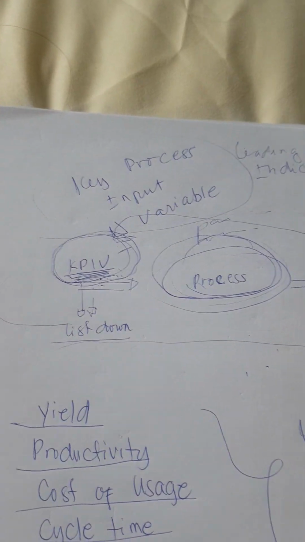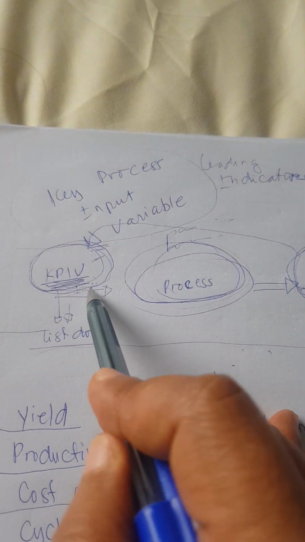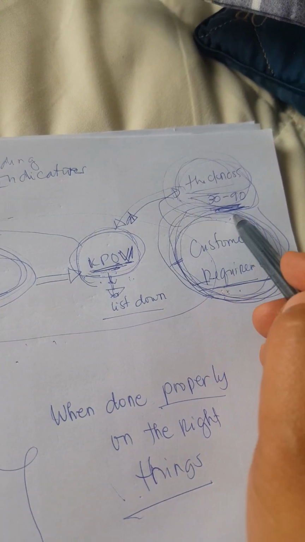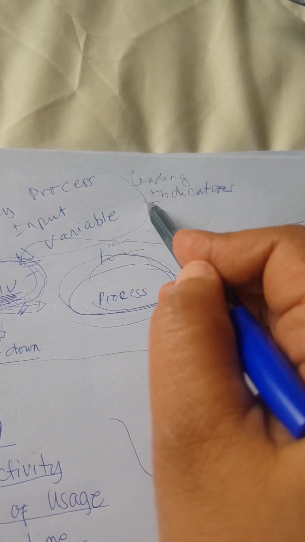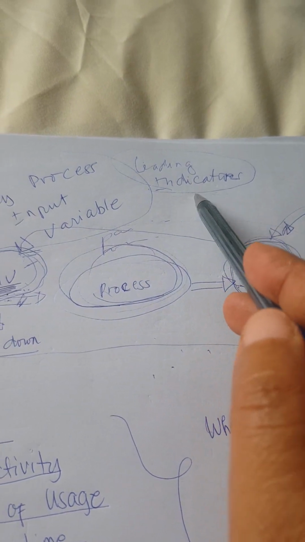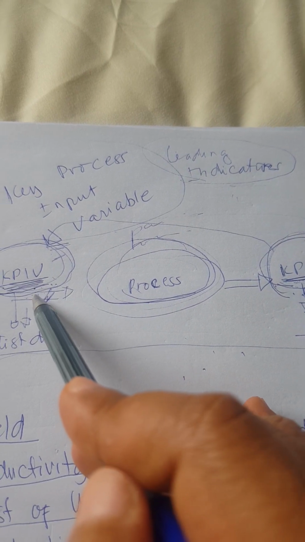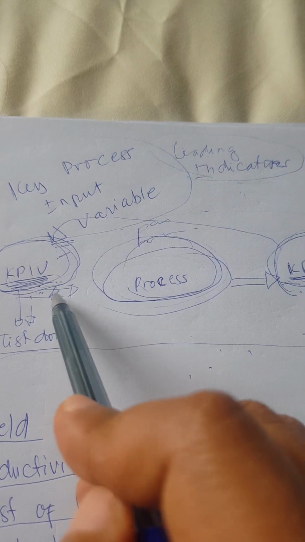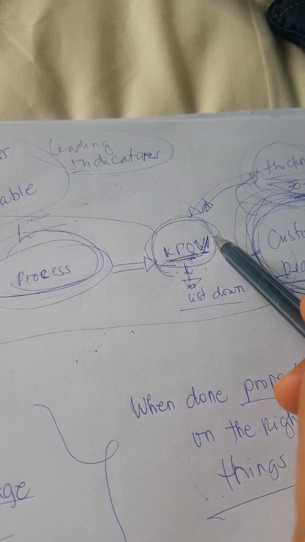And what are the things that we need to consider in our KPIV also in order to control this requirement? We need to identify the leading indicators. If I say leading indicators, what are the KPIVs that directly impact our KPOV item?